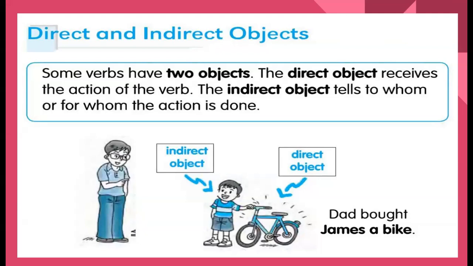Father bought us a plate of biryani. Now tell me, what is the direct and indirect object? What did father bring? Biryani. Biryani is the direct object because that's what father has bought. Then for whom did father bring biryani? For us, हमारे लिए, right? तो हम बन जाएंगे indirect object. जिसके लिए लाया गया है वो indirect object बनेंगे, और जो action verb को receive करता है उसे direct object कहते हैं.